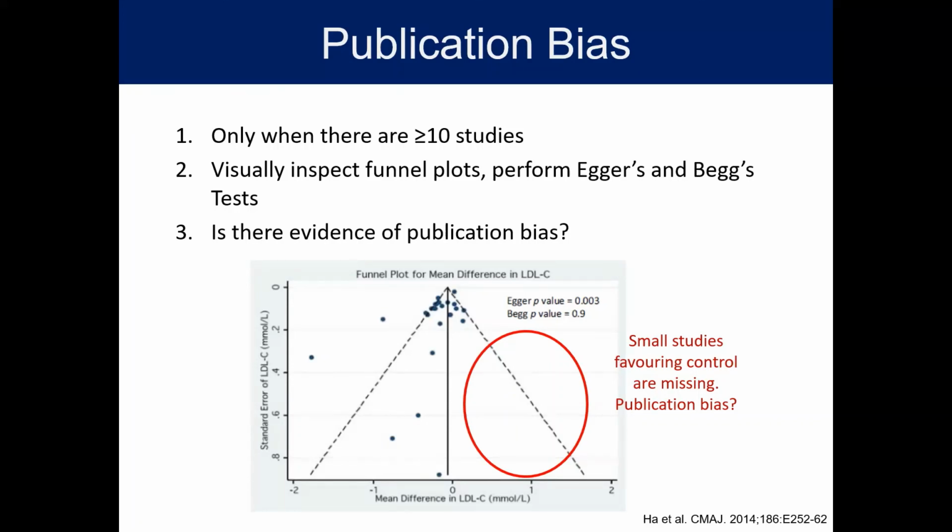So check to see what was used in the methods of your SRMA. Note that if there is asymmetry or significance in the statistical tests, what this may mean is that there are some small studies typically favoring the control that are missing, meaning that they have not been published.